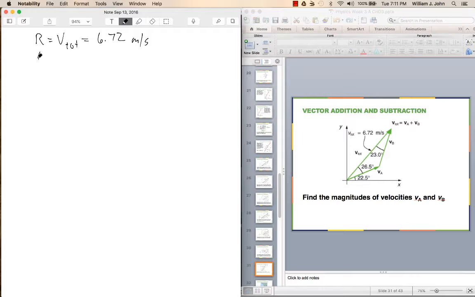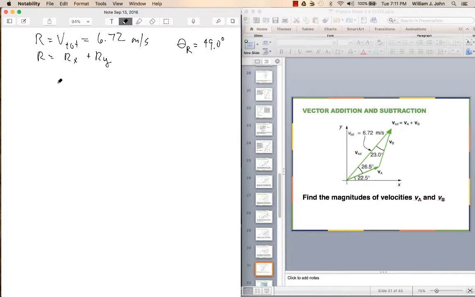And we remember that R is going to be equal to Rx plus Ry. And the angle for R is right here. We see that it's the sum of 26.5 and 22.5. So theta for R is 49.0 degrees.